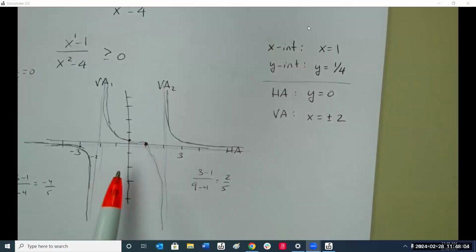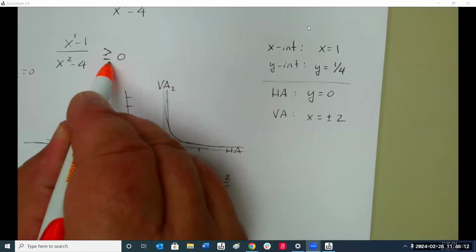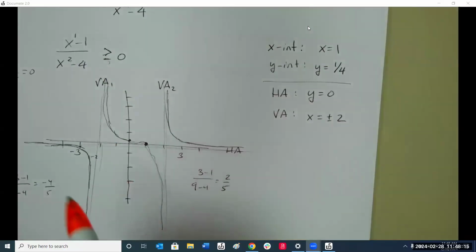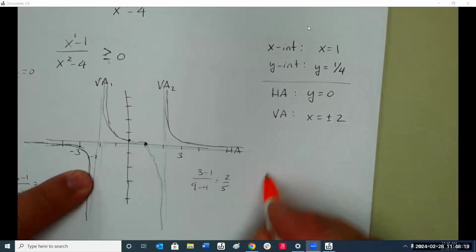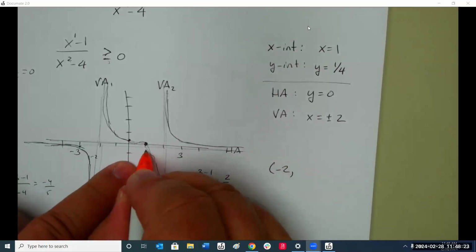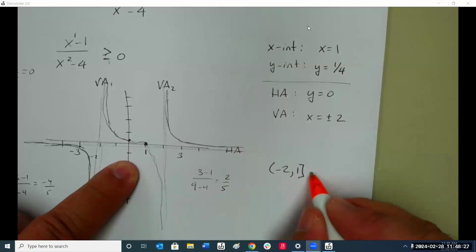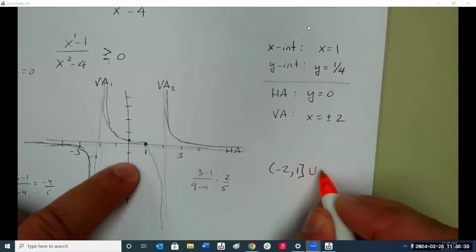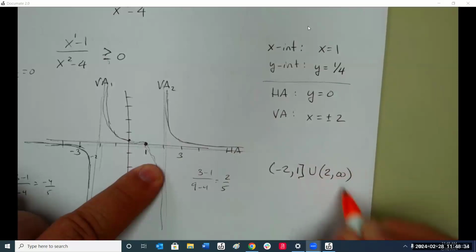Now, we only want which part, above or below the x-axis? Above, because it's greater than, and we can include the x-intercepts. So where's the graph above? From -2 to 1, union with 2 to infinity.